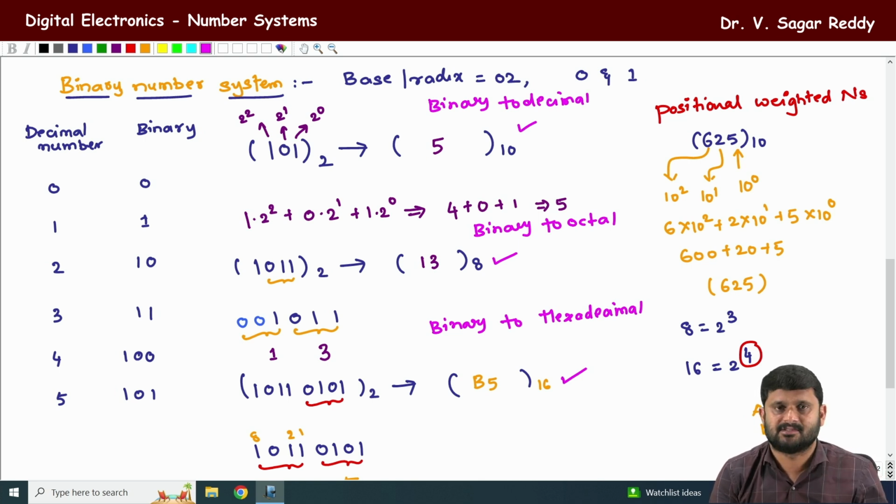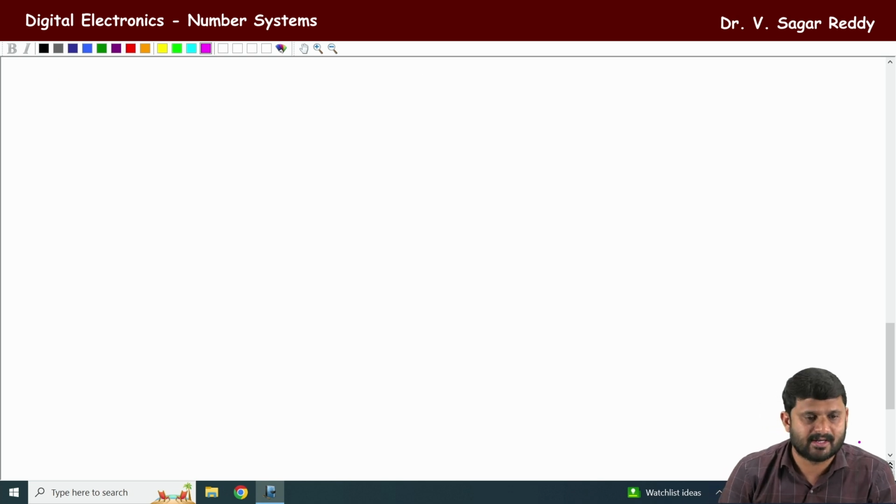If any number system with any radix needs to be converted into decimal, we use weighted multiplication. We take the weights and multiply with the corresponding digit, then add, and we get the decimal number. Later we'll discuss the octal number system.